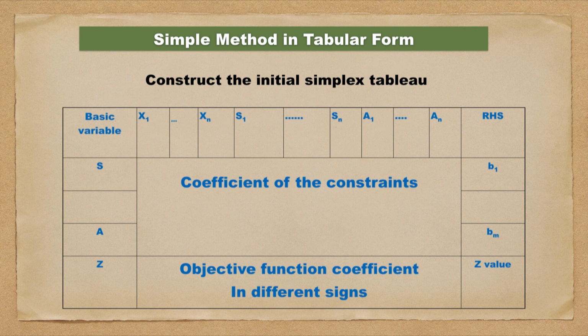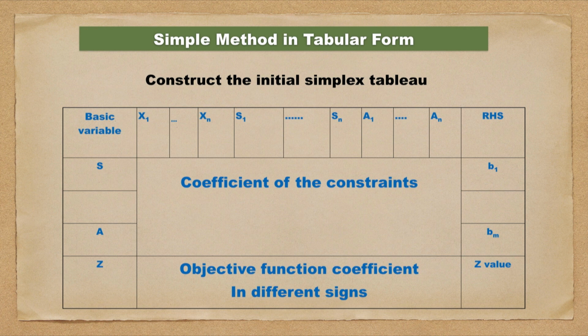So, in the upper part we have the variables, and in this part we have the coefficients of the constraints, and on the right hand side we use zj minus cj, which is called the net evaluation, and on the right hand side we use b, and some experts also use b here as the value of the basic variables.